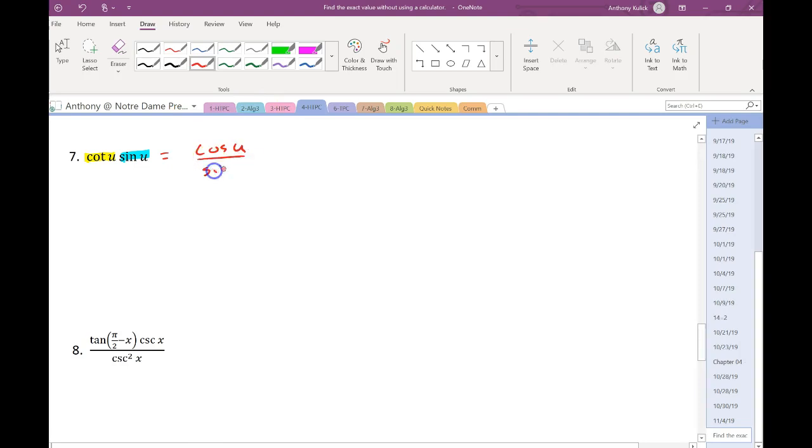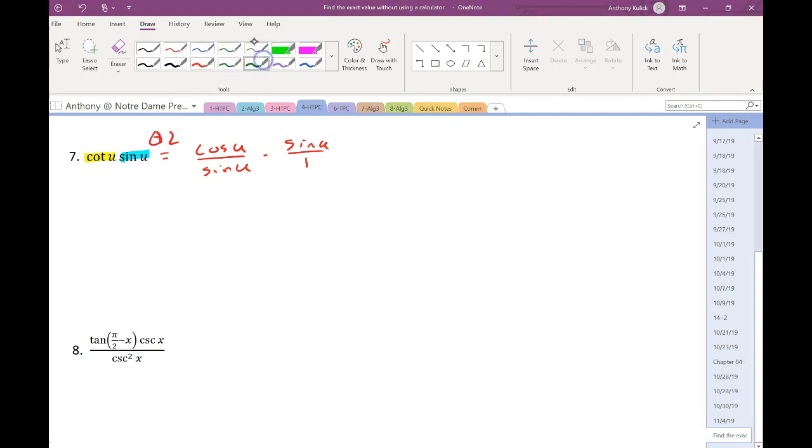So that's cotangent. And there's that sine. I'm going to write that sine as a fraction, because if I'm going to be multiplying fractions, it's often helpful to think of the sine of u as a fraction there. And what do you notice can happen here? By the way, that was Q2 that we used.